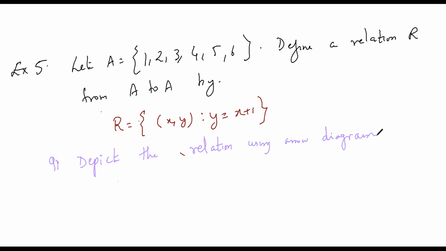Correct. So by the definition of the relation here, y is equal to x plus 1. What is the answer of this? Solution for this question. R is equal to what first?